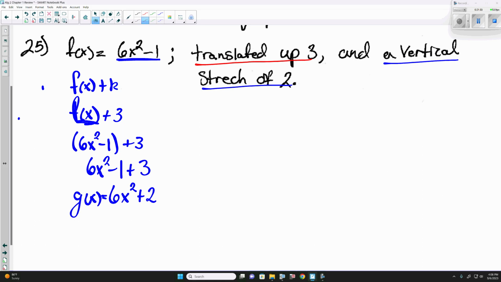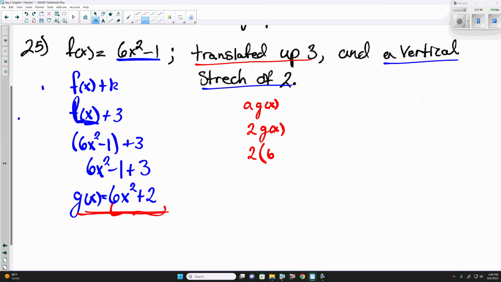So we need to apply that vertical stretch to our new function g of x. So our vertical stretch of 2 is our a f of x, but now we're going to apply it to g of x, so we'll say a times g of x. Well, the value of a is 2, so we're multiplying g of x by 2. So this entire part of the function by 2.